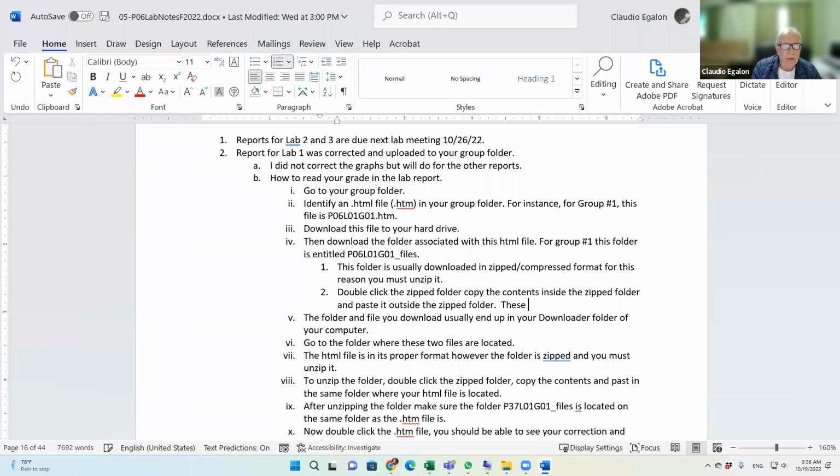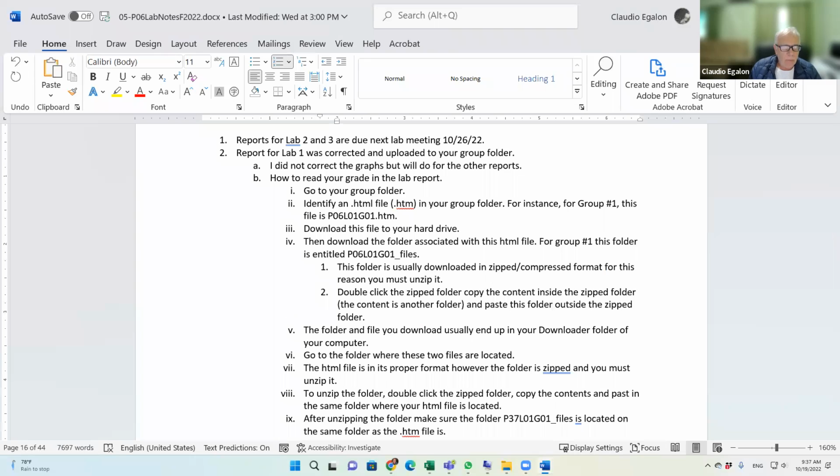Double click the zip folder, copy the content, not the contents, inside the zip folder. The content is another folder. Here you go. The content is another folder. And paste this folder outside the zip folder.